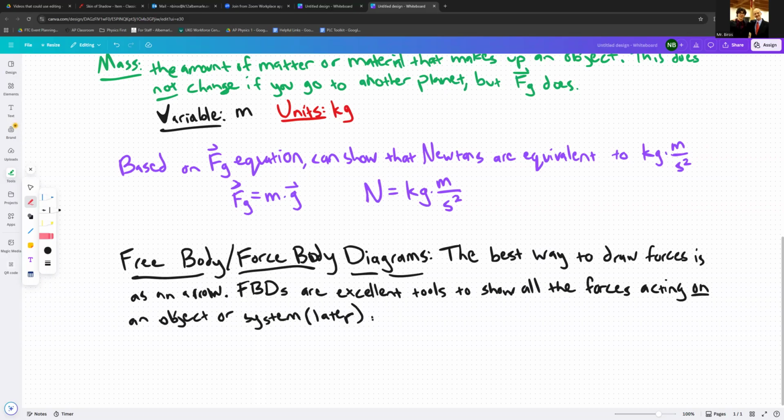Okay. So we're going to do this in order to use force equations to analyze and solve problems, as we tend to do in AP Physics.